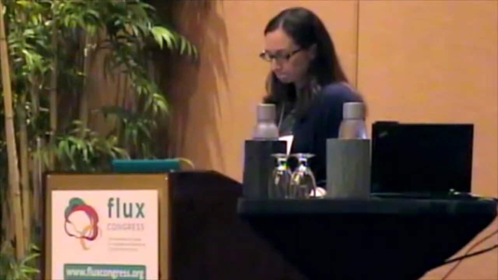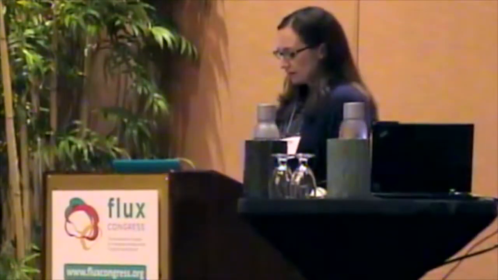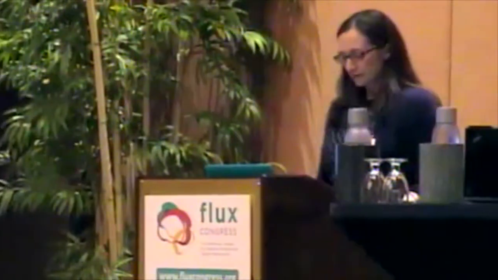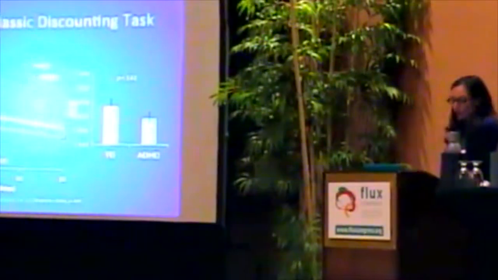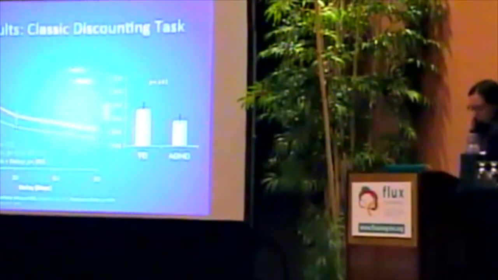So we didn't even see that children with ADHD tended to be more impulsive regardless of the delay. This pattern of results suggests that this sample of children with ADHD did not display greater delay discounting on a classic discounting task involving choices about money, although they did show an overall preference for immediate reward.